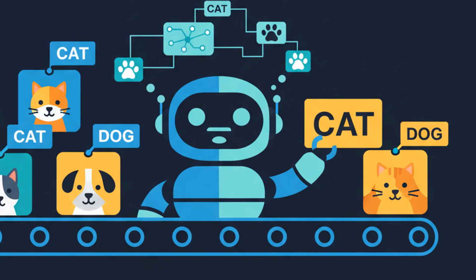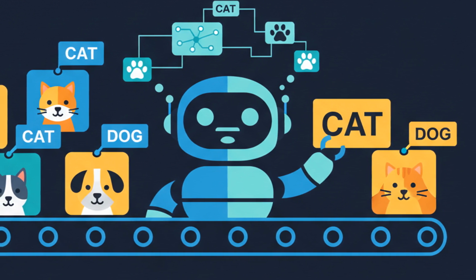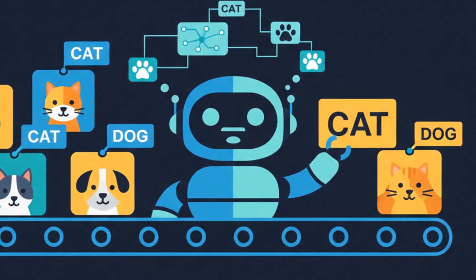Supervised learning is exactly what it sounds like. Learning with supervision. You give the machine a data set where every example comes with the correct answer already attached. These correct answers are called labels. Imagine you're teaching a child to identify animals. You show them a picture of a cat and say, cat.